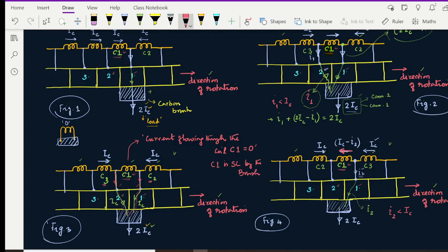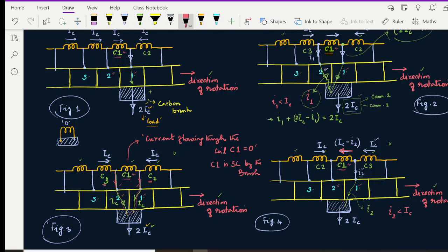In figure 2 it is still left to right, but the current has reduced from IC to IC minus I1. In figure 3 it has completely become 0. In figure 4 some current is appearing, but it is not equal to IC, it is less than IC, and the current direction is right to left.